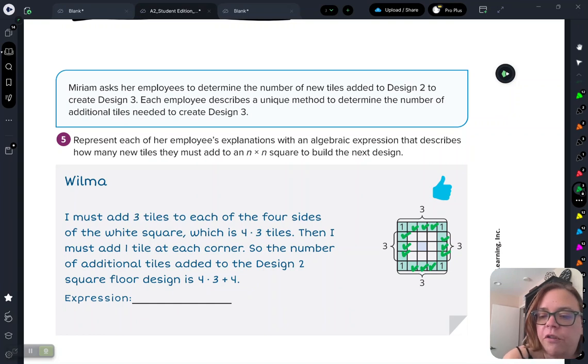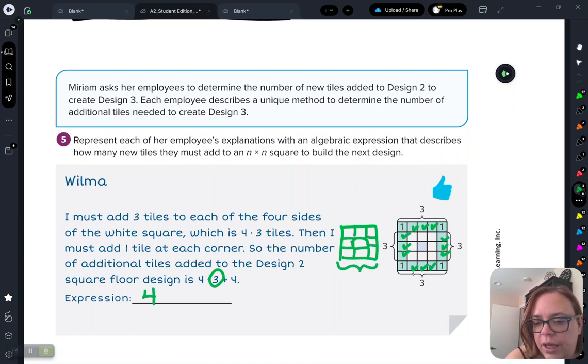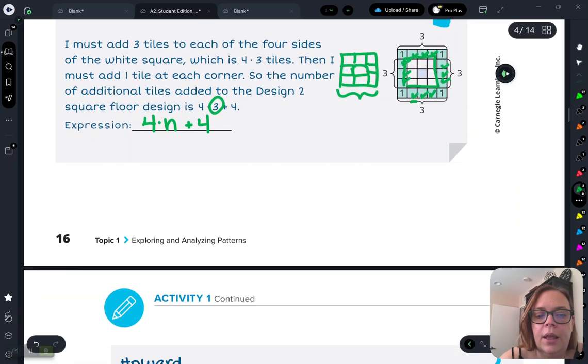We're going to do 4 times 3 plus 4 because the edge is 3 from the previous one. The previous edge was 3. So remember the previous one looks like this, and that's where these, right, this was the previous one. So we do 4 times n plus the 4 corners. So Wilma did it exactly the way that I thought of it, okay?